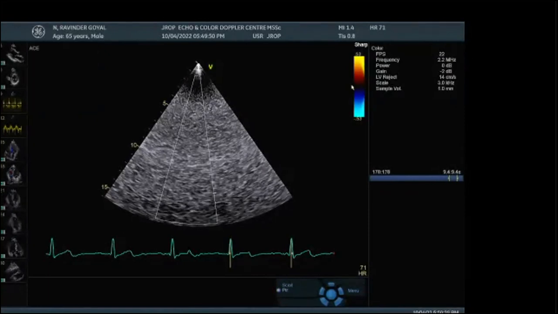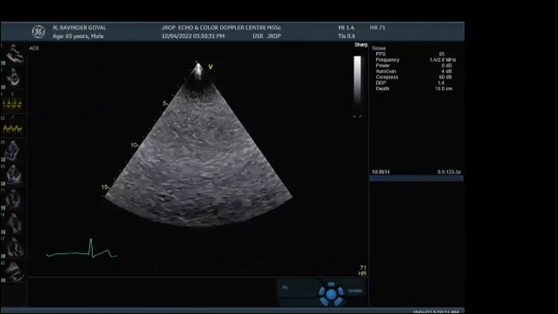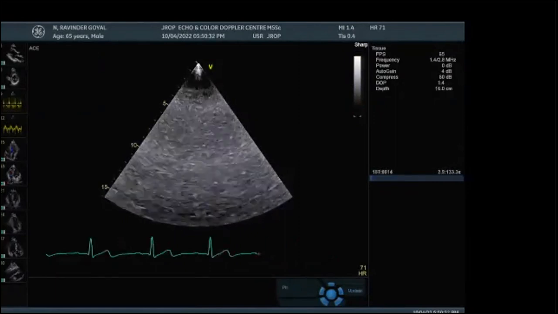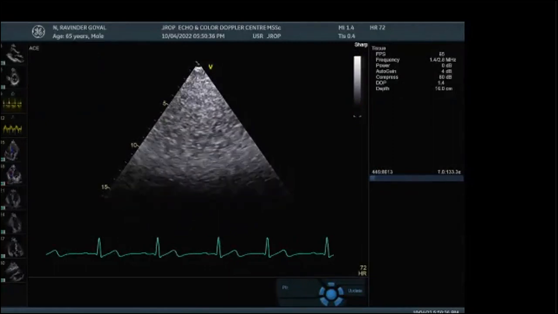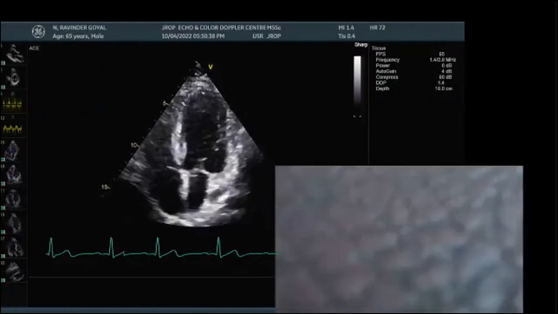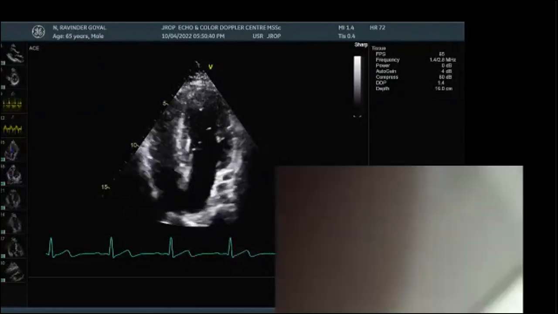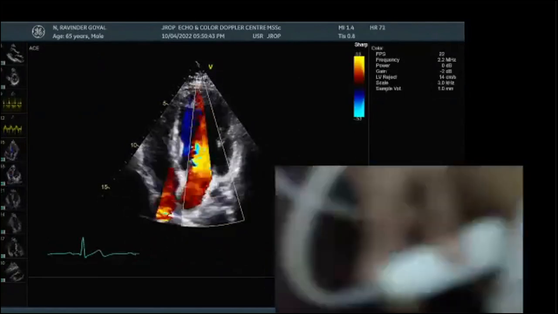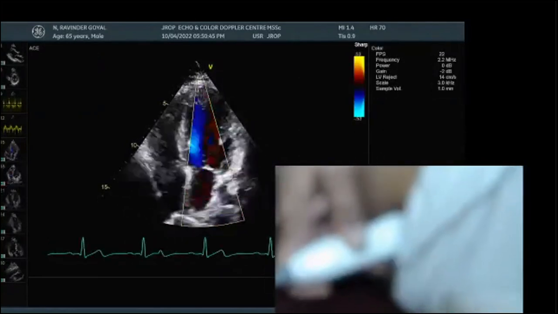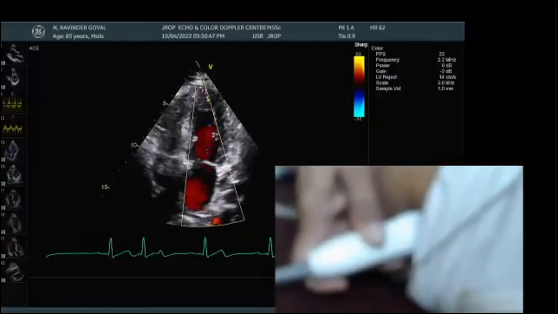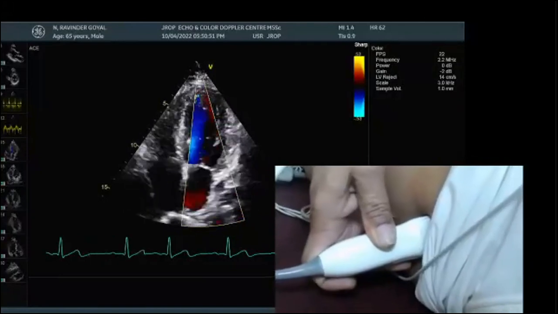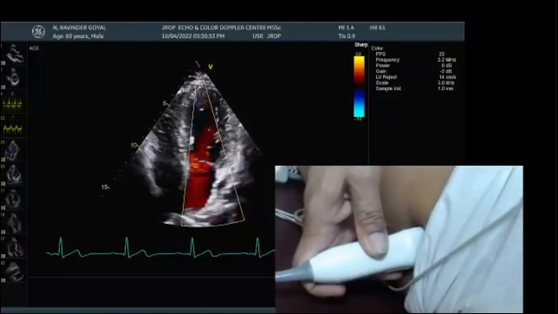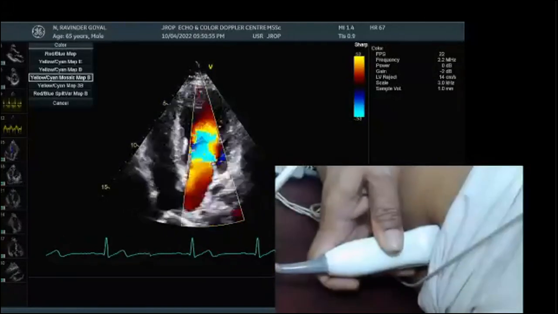Now I'll show you, because high velocity jets will be a little difficult in these colors. Now look at these colors. If I change this color to the variance map, then it will be easier for us.